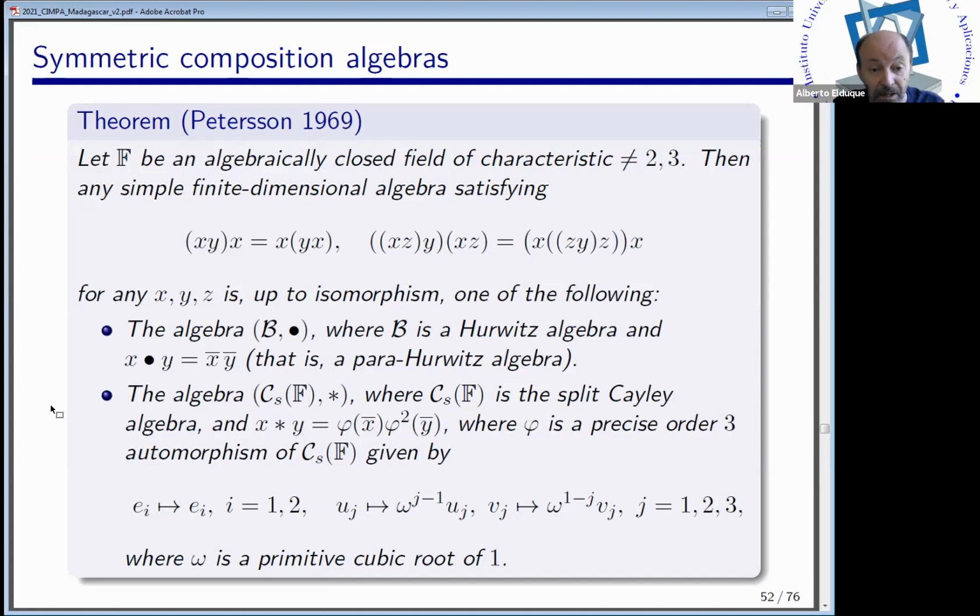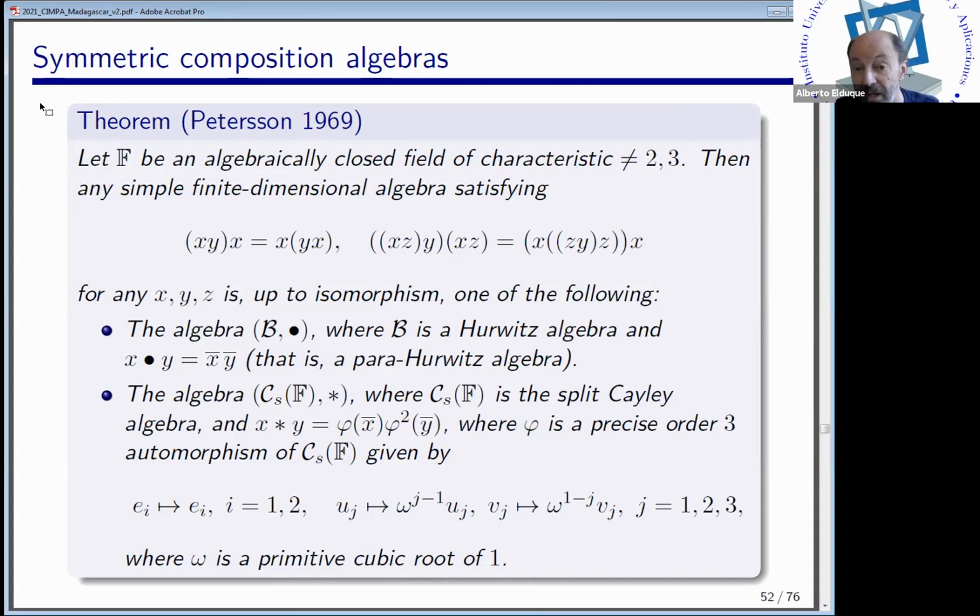So what Petersson got was that there was a unique other algebra, and this unique other algebra can be described by deforming the multiplication of the split Cayley algebra, not just taking the conjugates, as in the para-Hurwitz case, but taking the conjugates and applying a particular automorphism of order 3 obtained in terms of a primitive cubic root of 1.